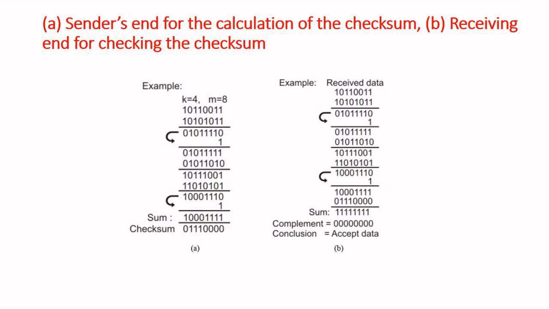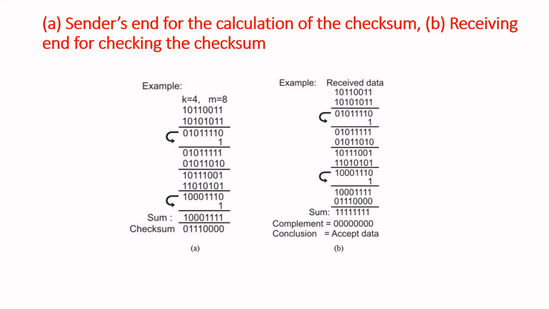So the first data segment is 10110011, and after that the second data segment is 10101011. This is assumed, for example. So the first two data words are added with ones complement.